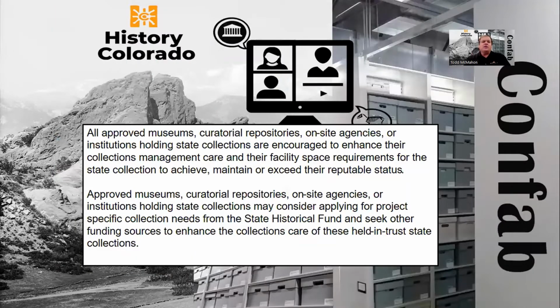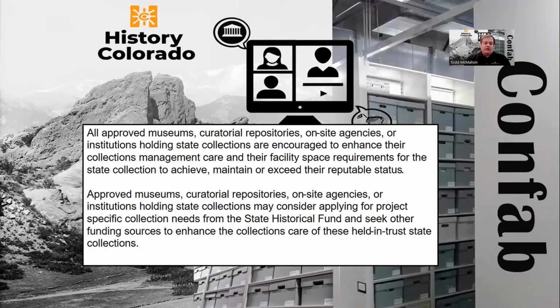As a program, we encourage all of our museums and agencies that have collections to maintain and exceed their reputable status. We also encourage all of our repositories to seek funding to enhance the care of those state collections, either through the State Historical Fund or other funding sources.